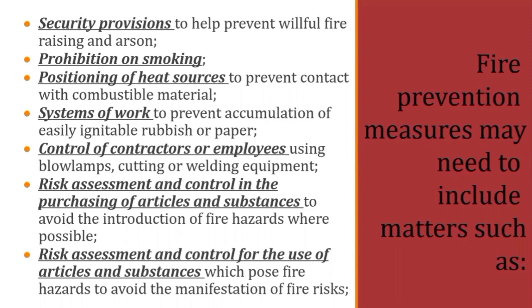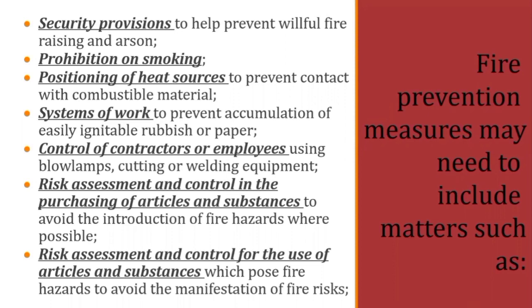For example, when a source of heat comes in contact with combustible material, there is a possibility that the combustible material will ignite, since it absorbs heat from the source of heat.